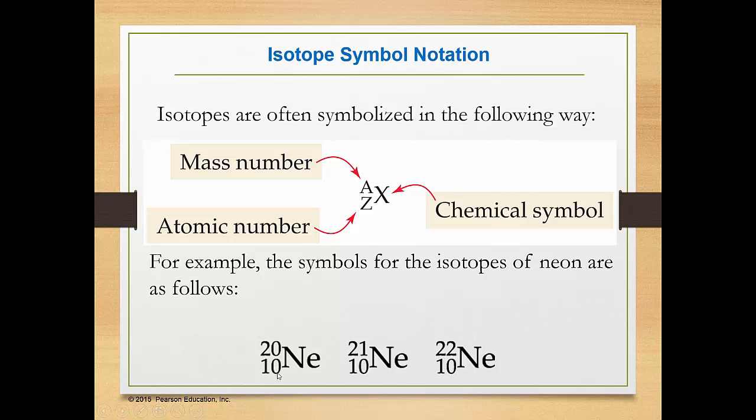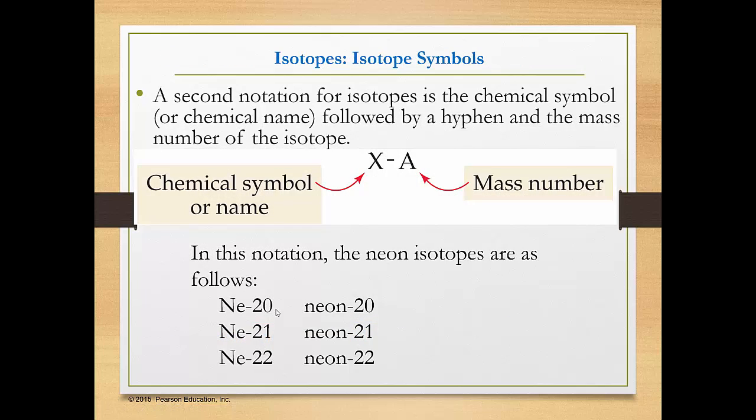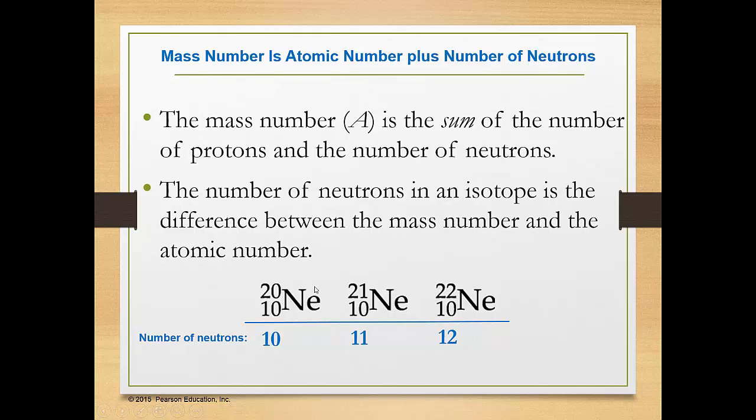So 20 minus 10, I got 10 neutrons. 21 minus 10, I got 11 neutrons. 22 minus 10, 12 neutrons. Okay, so I tend to get ahead of myself a little bit on these slides. Here's the slide that talks to you about that. So the addition of these 2 numbers gives me the top number. So they're taking the difference, 10, 11, and 12.